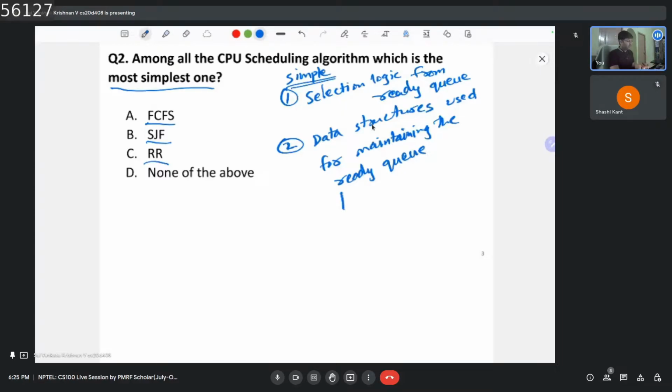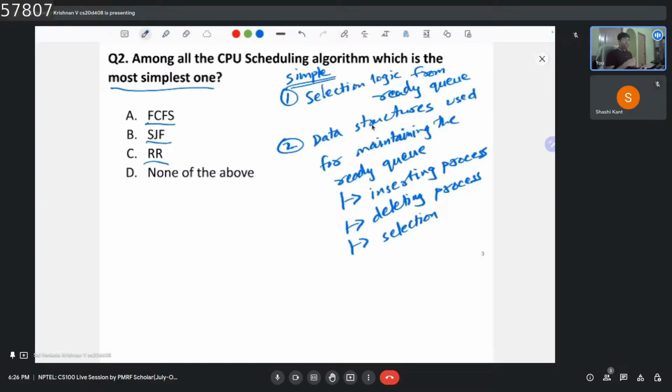This includes inserting a new process when it is ready, deleting the process when it completes execution, and selecting the correct process.